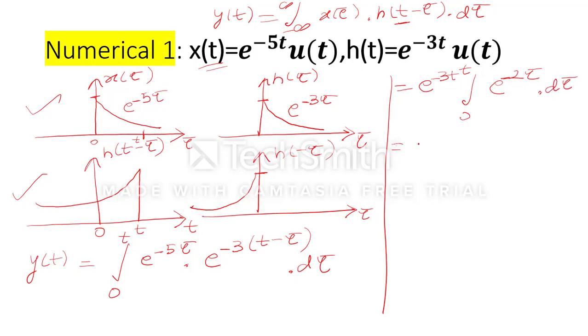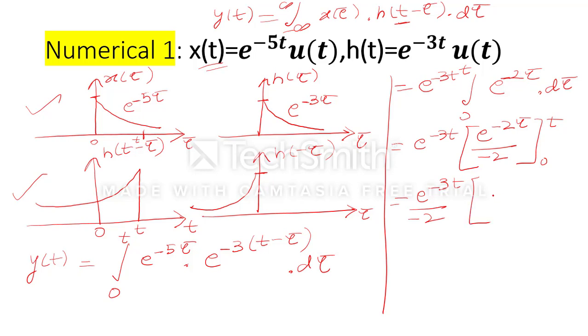When we integrate it, it will become 3t, and e^(-2 tau) will integrate with denominator minus 2, and the limit will be 0 to t. When we put the limit, we will take minus 2 common, and it will become e^(-2t) minus 1.